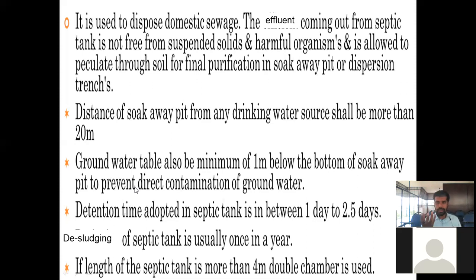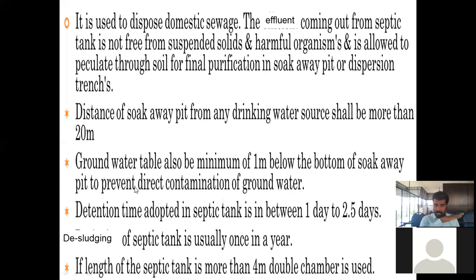If you are digging a soak away pit and the height of the pit is 1 meter, or 1.5 meters, the water table should be at 2.5 meters, which means at least 1 meter gap should be there between the bottom of the soak away pit and the water table.